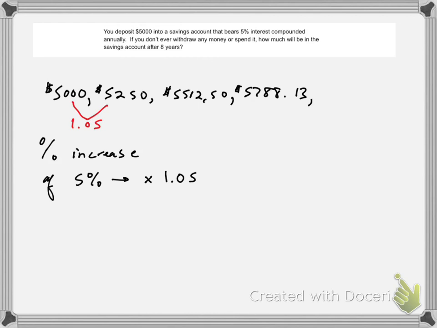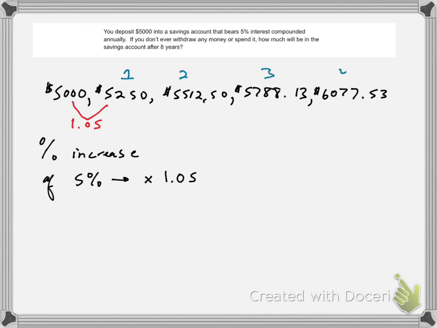And then I'm going to multiply that by 1.05 again. I'm trying to go 8 years here. So this would be 6,077.53. And so far, this is after 1 year. This is after 2 years. This is after 3 years.